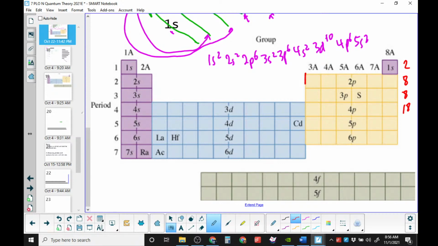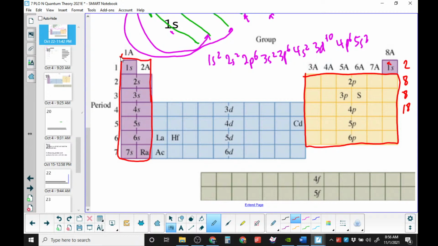If you pretend this block is the p orbitals, and you have to shove this one all the way over here, this block is the s orbitals, and these are the d.